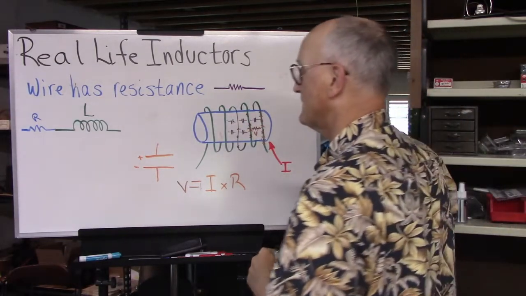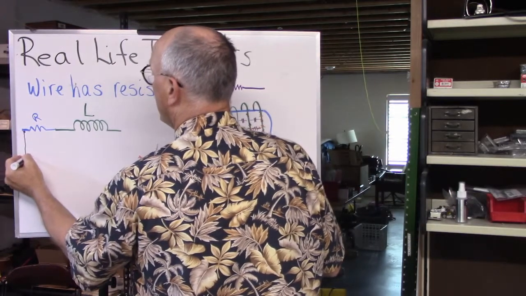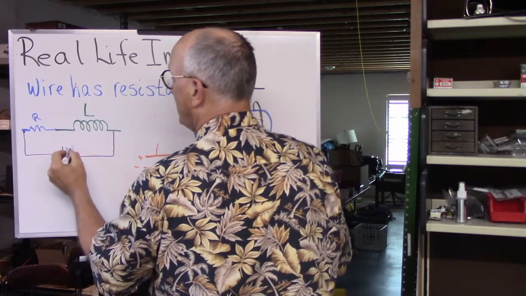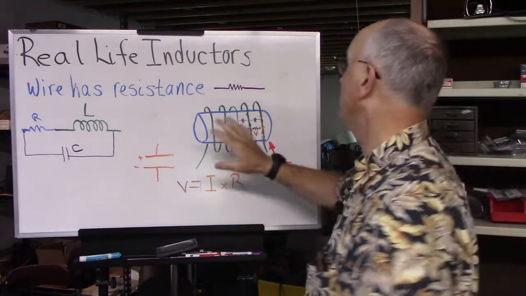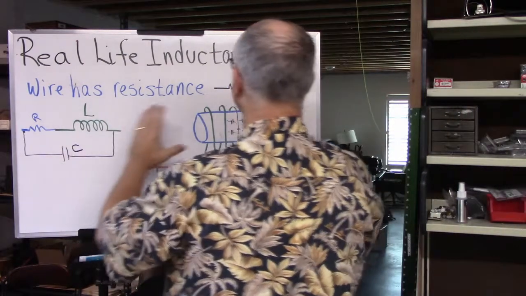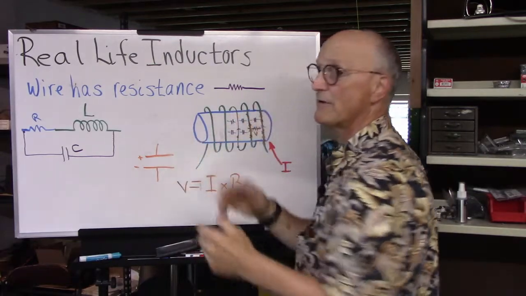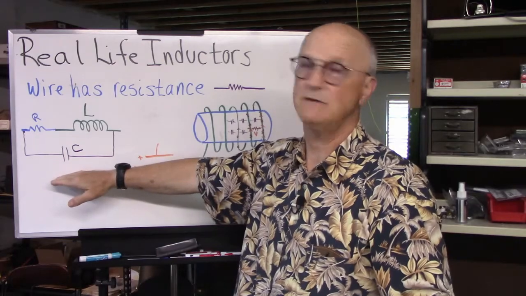So that means that in our model we have to add a parallel capacitor, the interwinding capacitance of the inductor. So this is kind of like mushing all of these little capacitors that are here together into a single capacitance value is what they do.